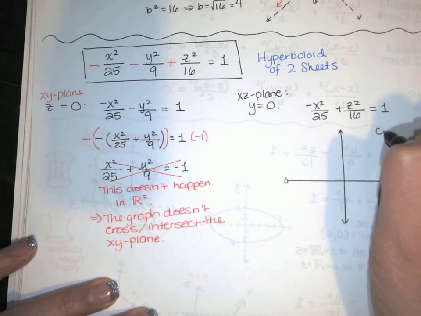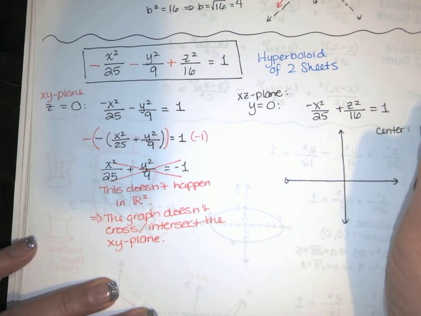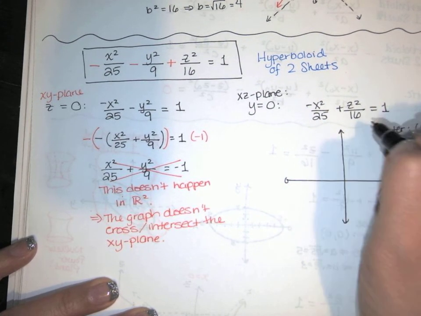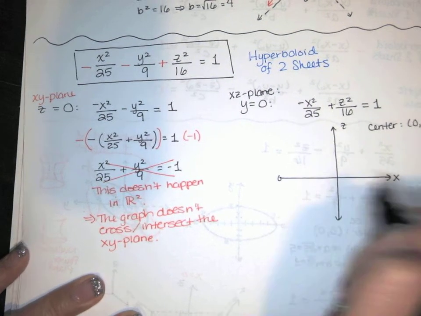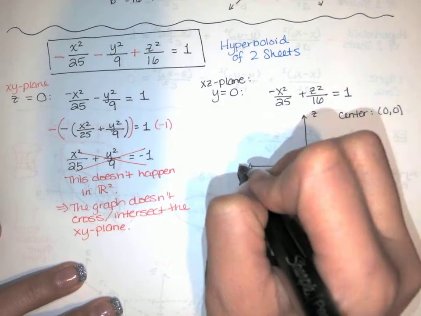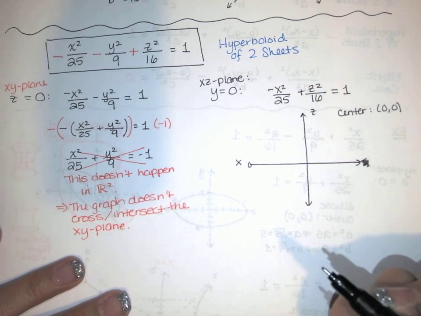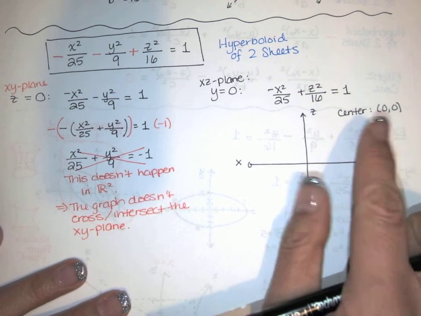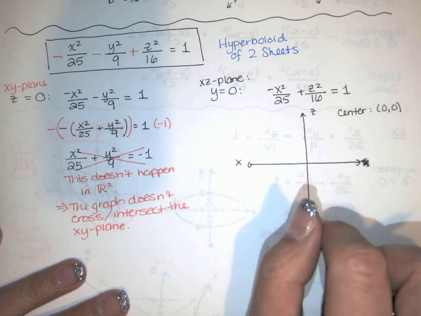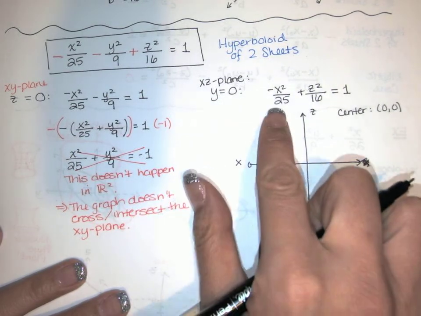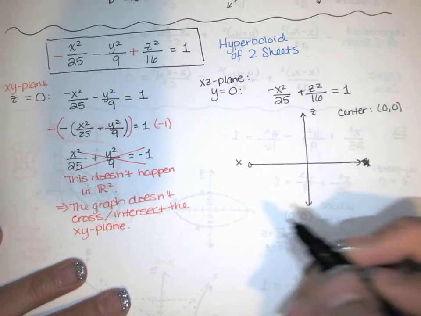It's still a hyperbola centered at 0, 0. Here's my z, there's my x, because it's a right-handed coordinate system, like let's make that our positive x. So this is in the xz plane, our center is at 0, 0. Now we've got a 5 squared under the x.